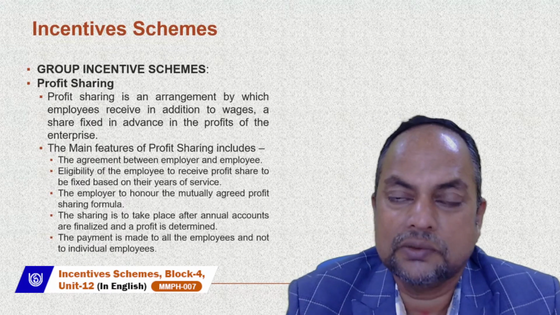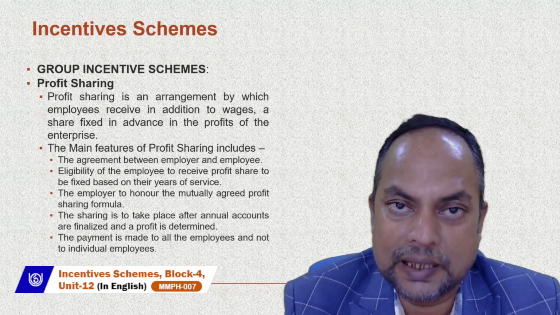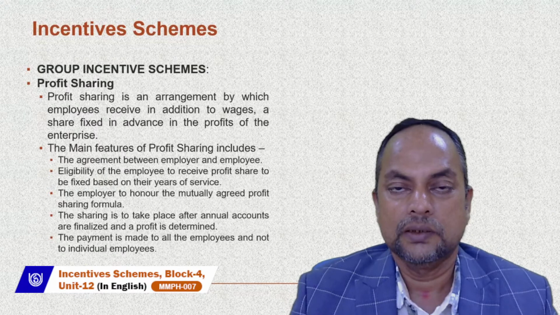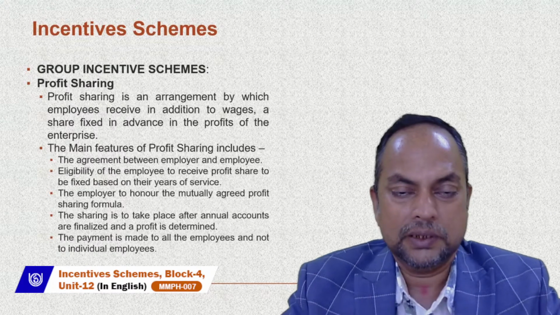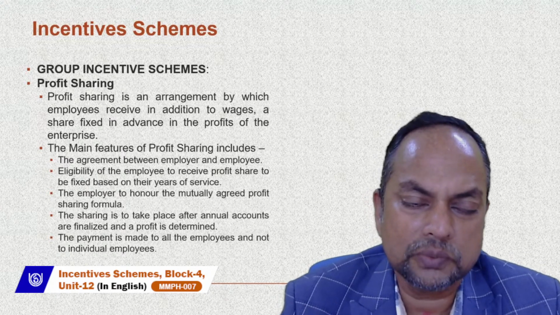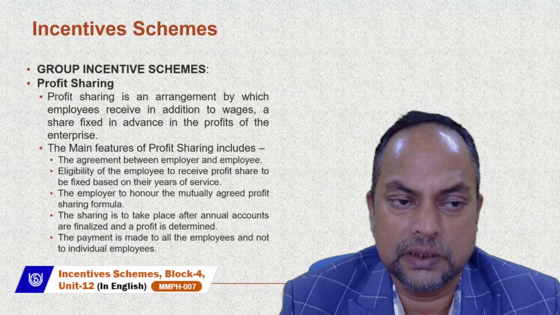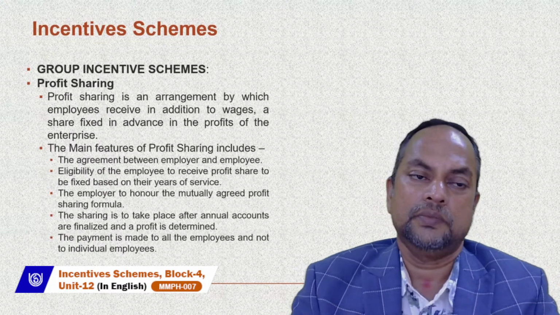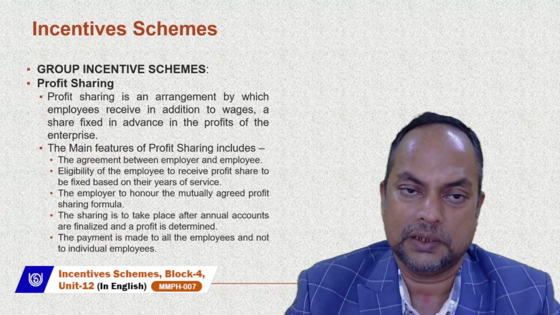But the main features are, as we have understood, that there has to be a proper agreement between the employer and the employee, right? And agreement in the sense that the involvement of the union should be there, because most of the grievances related to industrial disputes are because of this compensation and reward management.